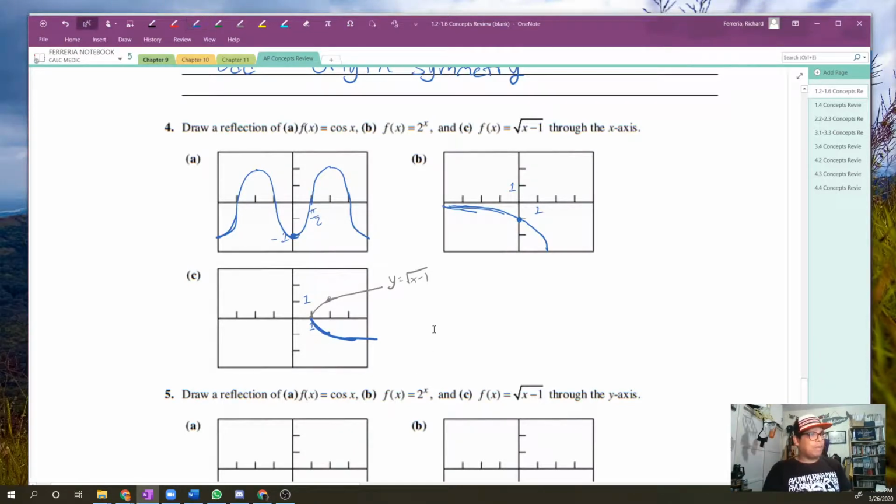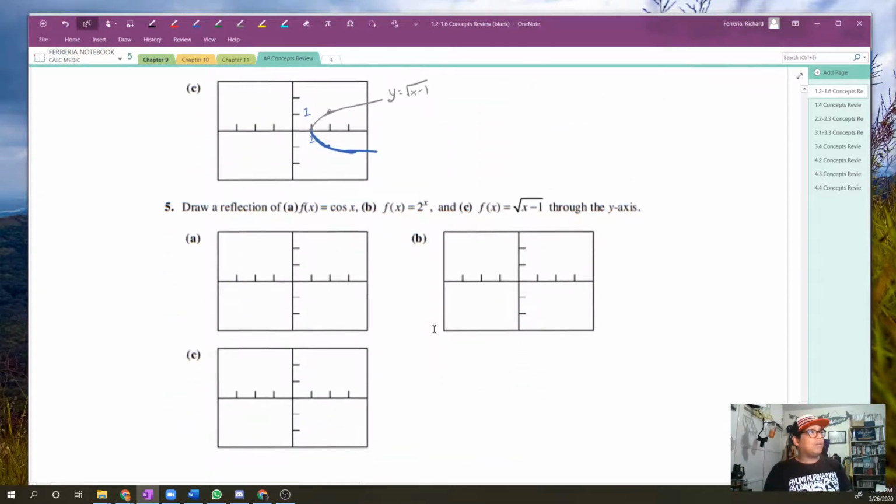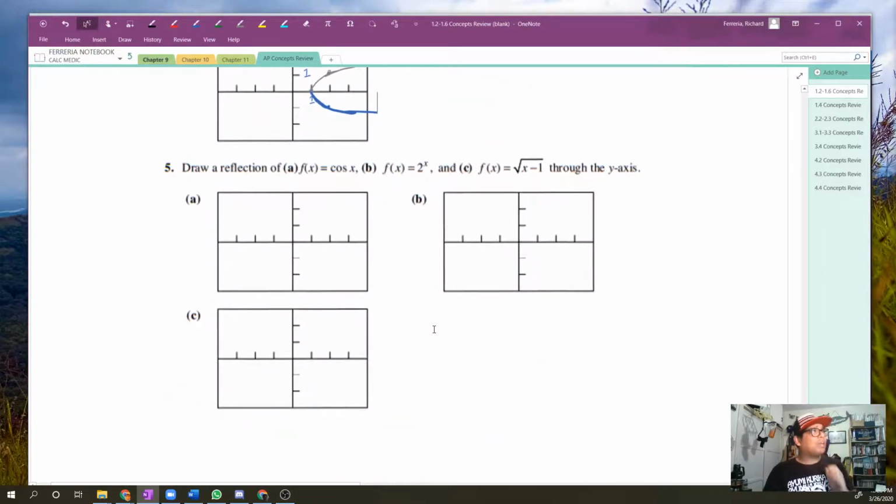Draw a reflection about the y-axis. Oh, okay, well, this is interesting as well. The cosine curve is an even function. So if you try to reflect this about the y-axis, you are going to get a cosine curve. So draw the cosine curve.